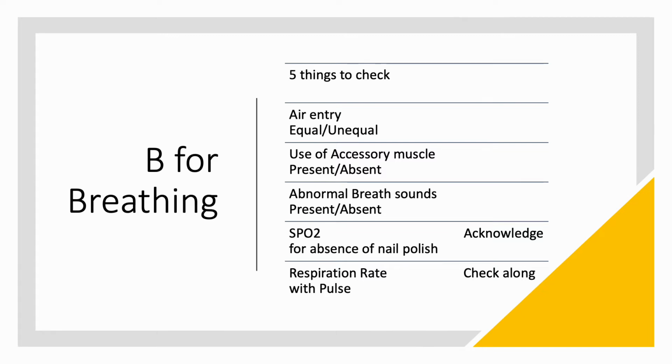And you can talk about abnormal breath sounds. A few people asked, since we are not using a stethoscope during the assessment, how can we say whether there are abnormal breath sounds or not? What I would advise is, I always verbalize, I can't hear any audible abnormal breath sounds. If you mention audible, then it makes sense.